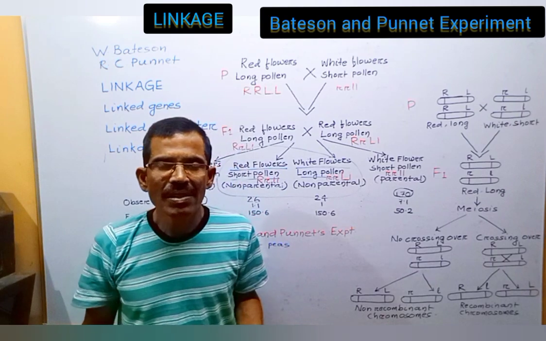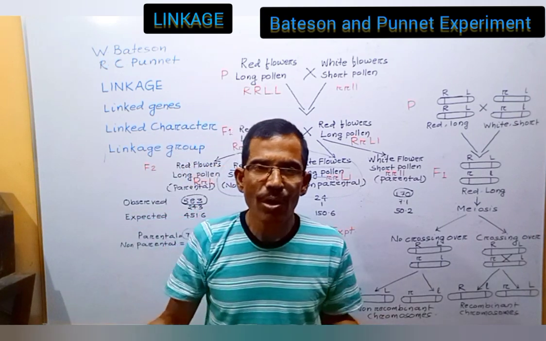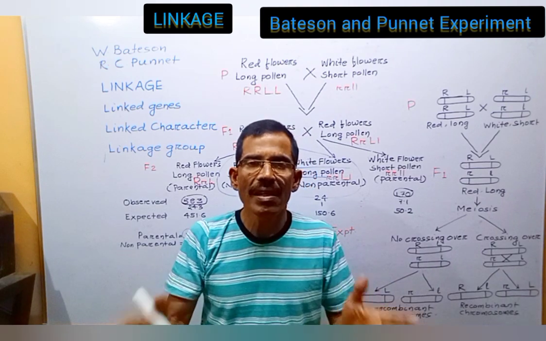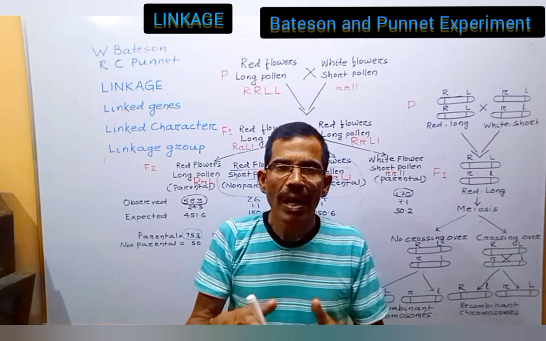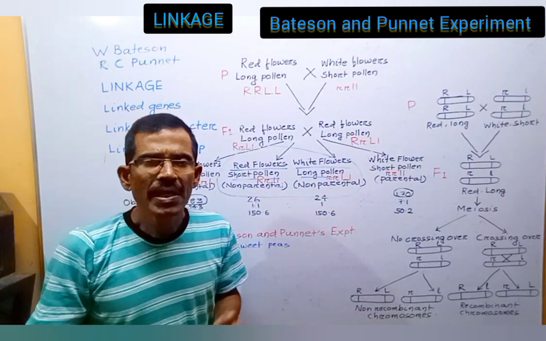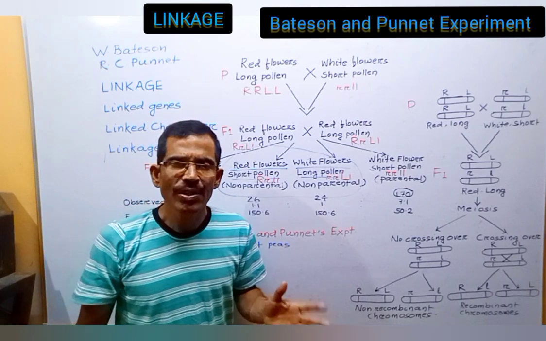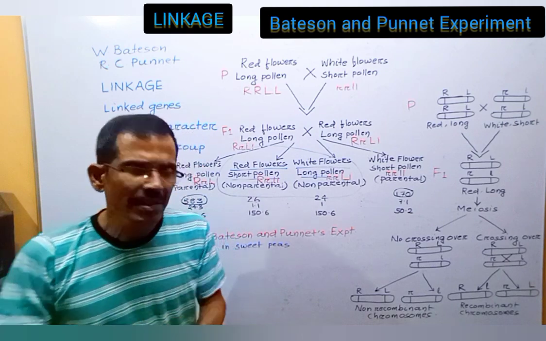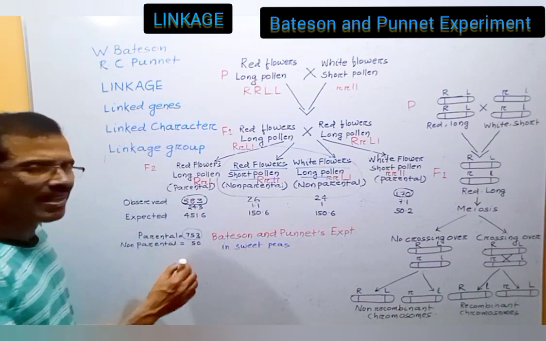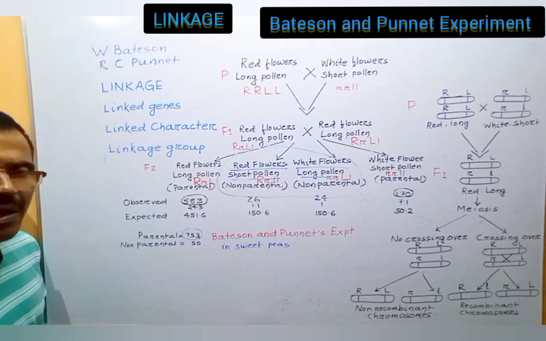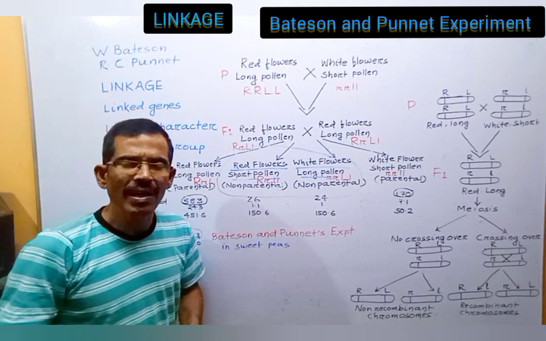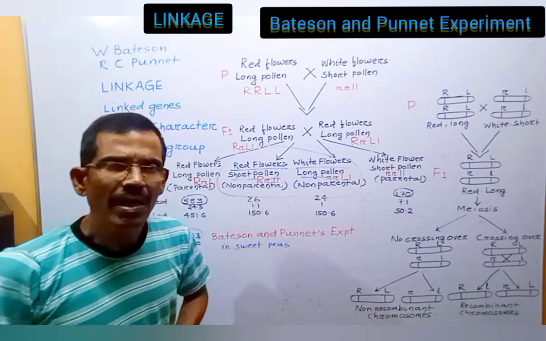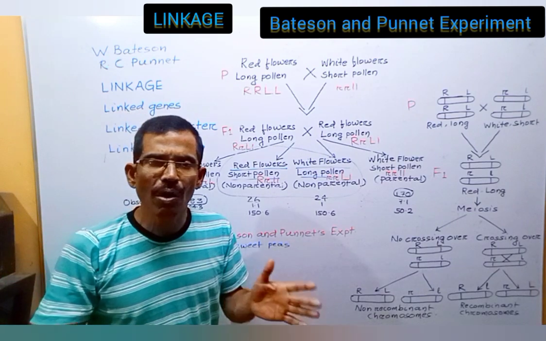The reason is a lack of independent assortment between the gene which controls flower color and the gene which controls the length of the pollen grain. Because of this, parental classes were significantly overrepresented. Bateson and Punnett provided a complicated explanation for this lack of independent assortment, but their explanation was found to be wrong.